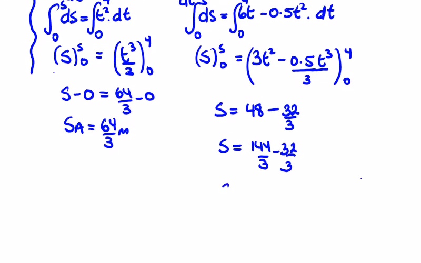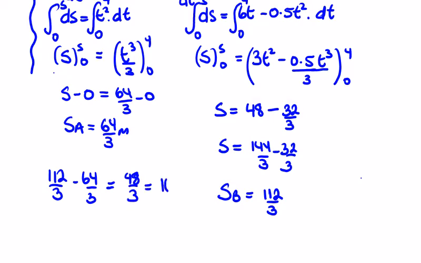So we're going to get the distance for B to be 112 over 3. So the distance between them is 112 over 3 minus 64 over 3, which is 48 over 3, which is 16 meters for part 2.